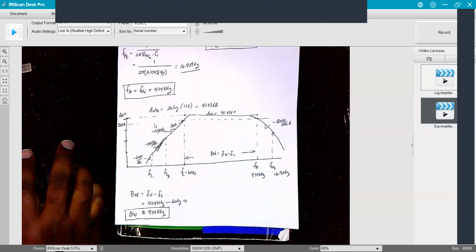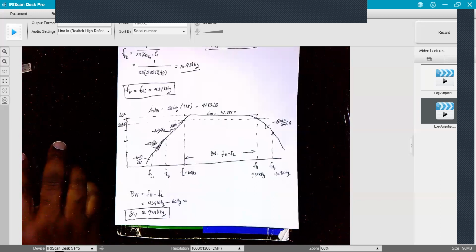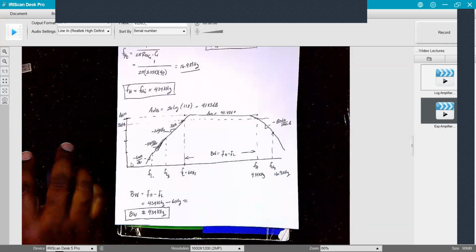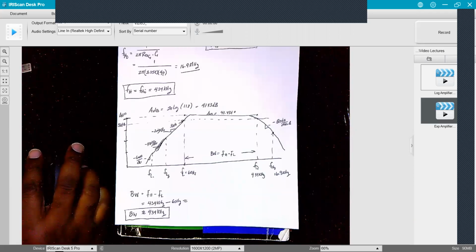So I have to plot on my Bode plot, this is your gain in dB, and of course this is log frequency. So this is scales of 10, but I did not give you log paper, so anything reasonable would be accepted. But the most important parts of this are F sub L and F sub H.